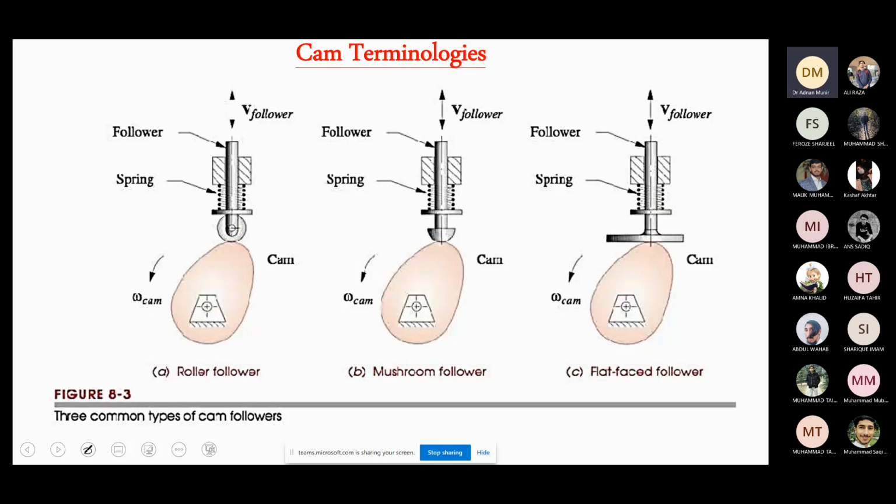This is an example of a roller follower. We have a roller follower here, and then this is an example of a mushroom follower. You can see that the shape of the follower at this end where it is connected to the cam is just like a mushroom. And then this is an example of a flat faced follower. So we have the classification based on the follower.